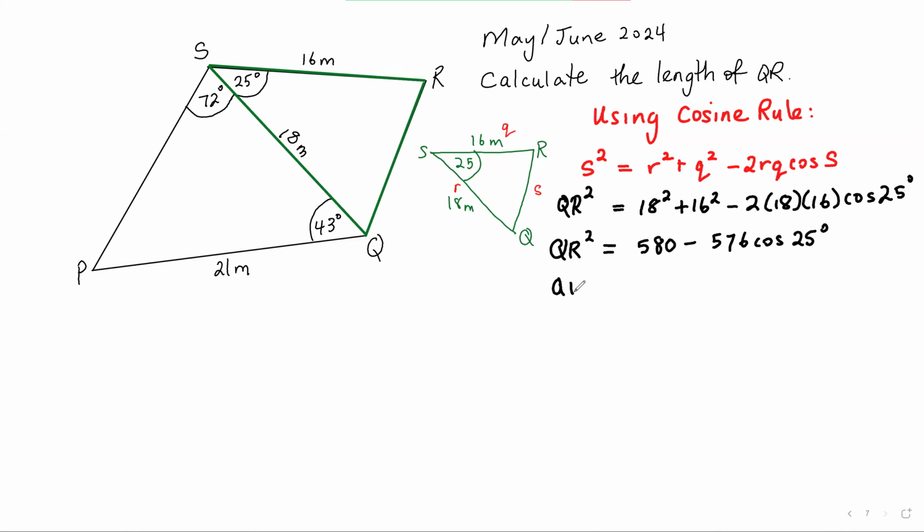I wrote out the steps just for writing it out's sake, but I'm literally going to type the first line directly as is in my calculator. So 18 squared plus 16 squared minus 2 times 18 times 16 times cos of 25. And I got 57.9667. And then I take the square root of that.